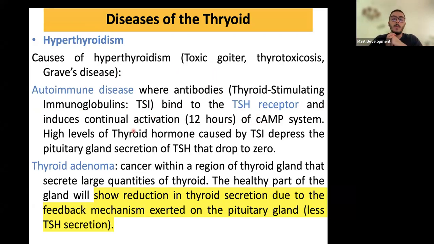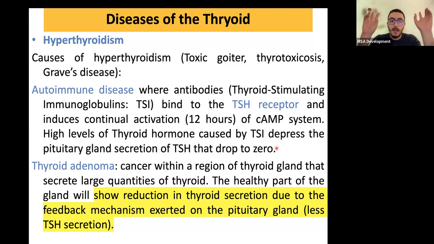Hence we will have very high levels of thyroid hormone in the blood, causing TSI to depress the pituitary gland secretion of TSH to drop to zero. What does this mean? We have an antibody stimulating the thyroid gland to secrete T3, T4 in very high levels over time.